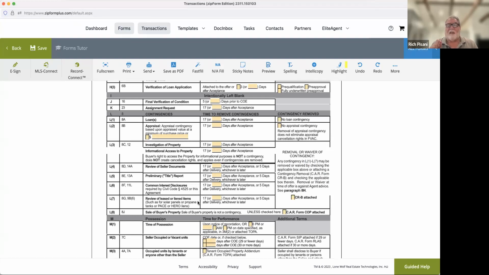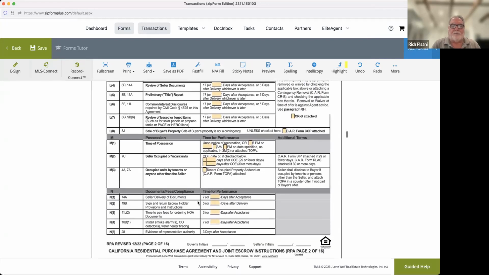I want to stress that if the seller is staying in the property for 1 day after close of escrow, you need this form because it protects all the parties. If it's 30 days or more, then it's the residential lease after sale, RLAS. Occupied units: if it is tenant occupied, even if the tenant is moving out, you need to check that box and fill out the TOPA.